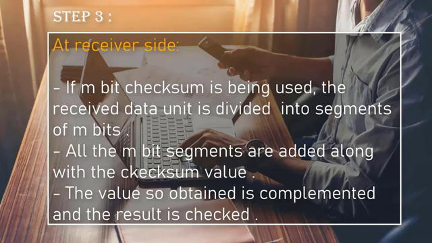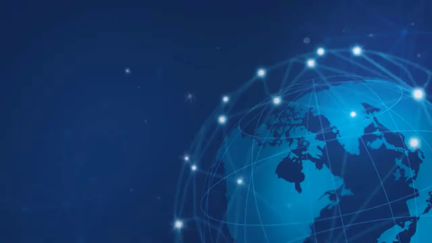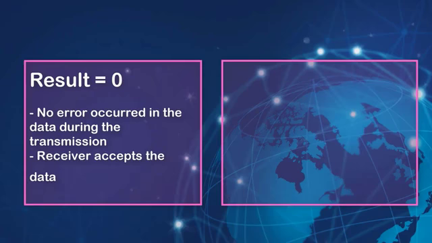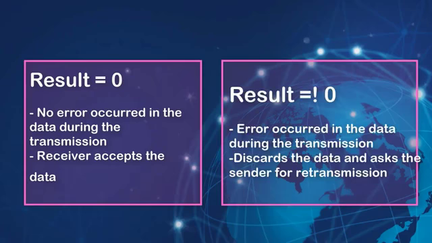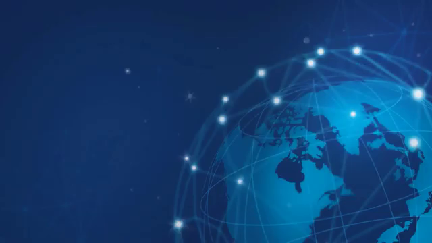We get two options: either the result will be 0 or not 0. If it is 0, then there were no errors in the data during the transmission, and if not, then an error occurred and the data will be retransmitted to be sent again.